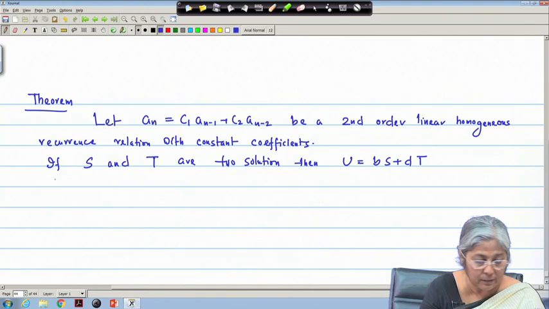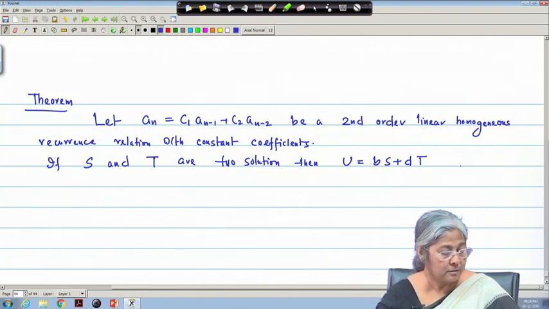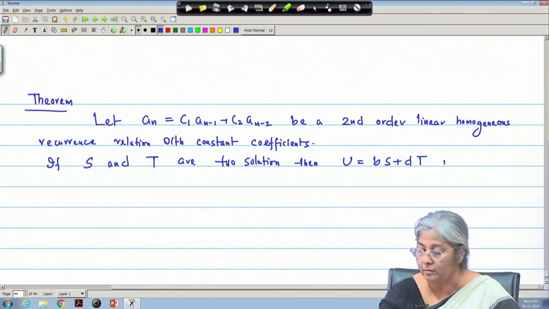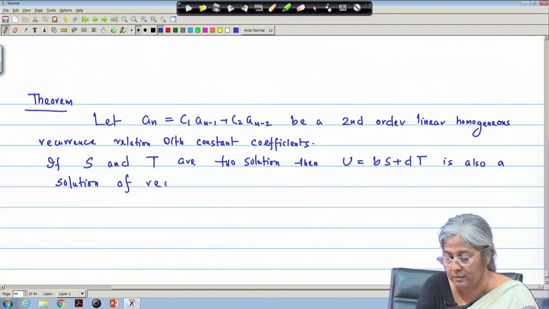This is also a solution of the recurrence relation.